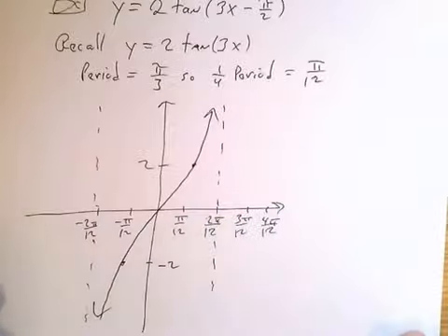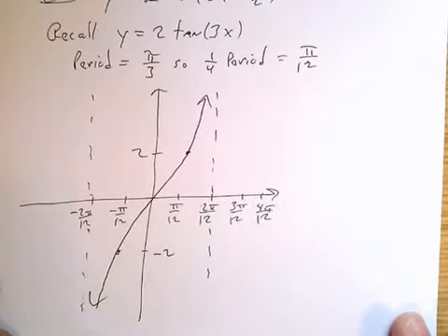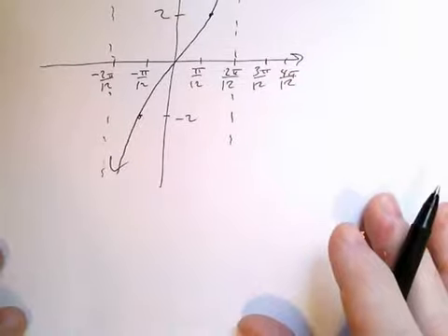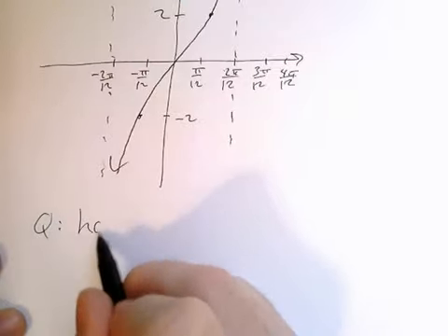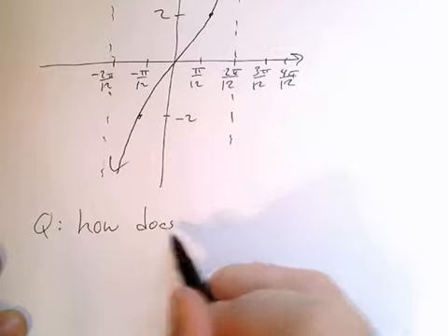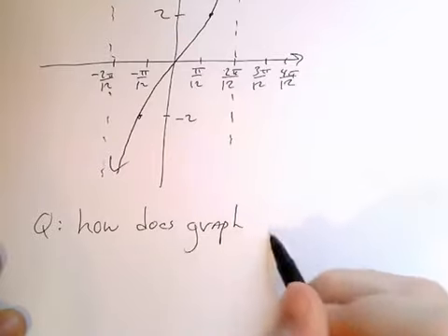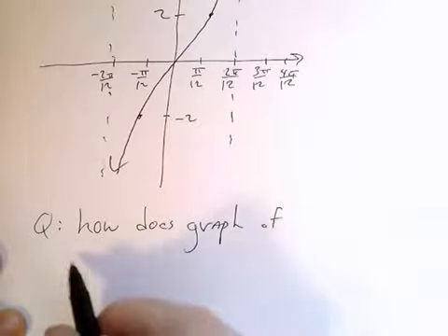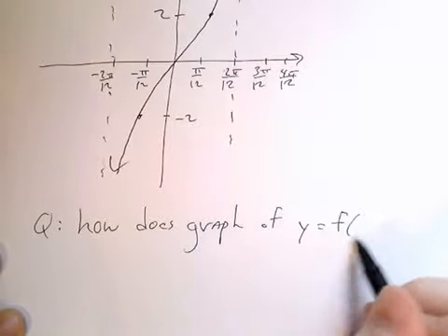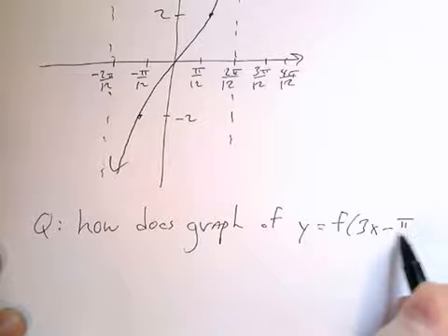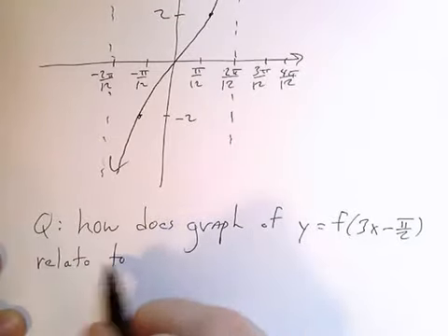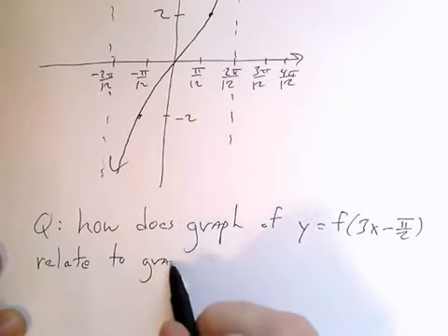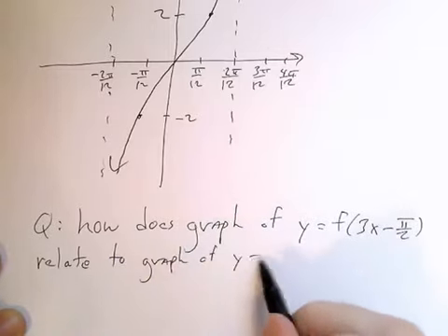Okay, so now we want to think about in this graph, the question is, how does the graph of, let's say, y equals f of 3x minus pi over 2 relate to the graph of just y equals f of x.